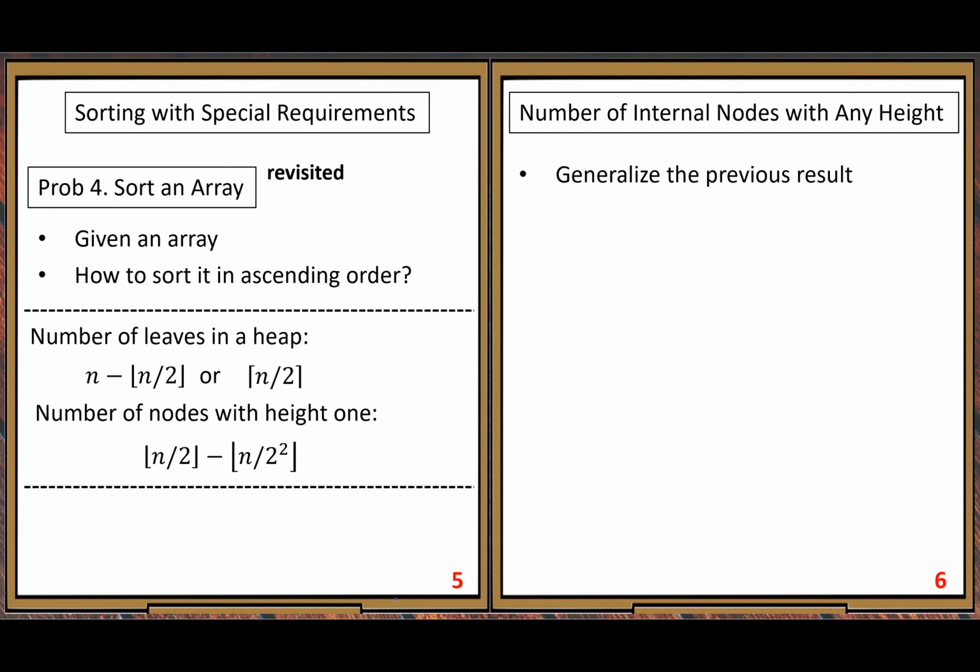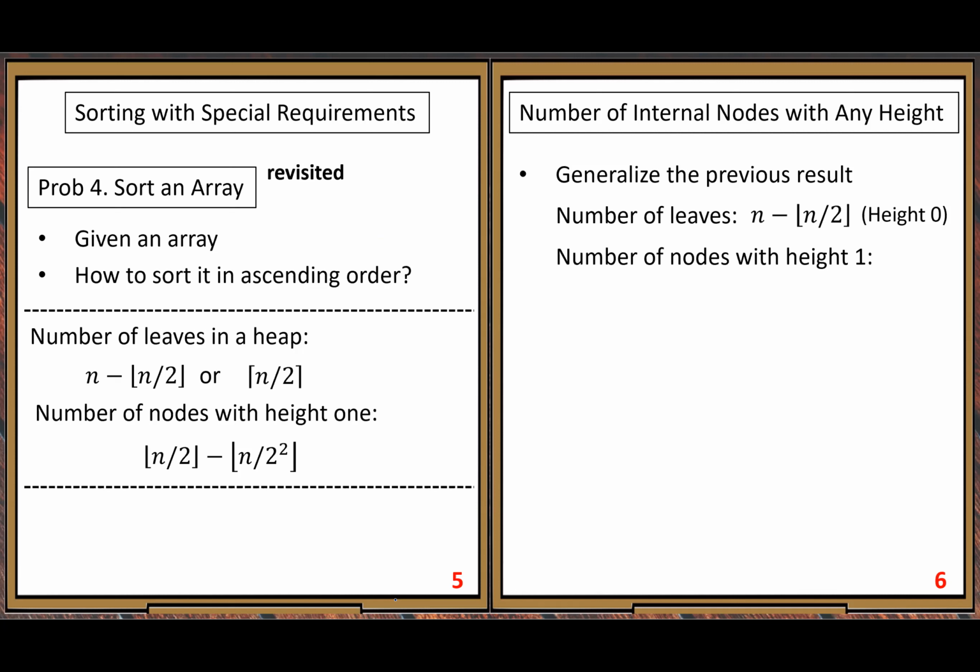We generalize the previous result. Number of leaves, this expression. Height 0. Number of nodes, we can skip the internal ones; we know height 1 must be internal. So the number of nodes with height 1, this formula. We write the range first, then the number in this expression.